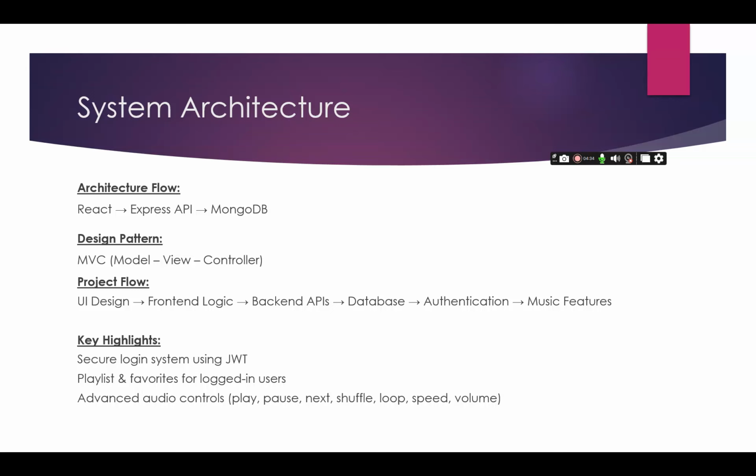The front-end sends requests to the backend API. The backend is built using Node.js and Express. Express handles the APIs and processes requests from the front-end. MongoDB is used as the database to store user details, songs, playlists, and other application data.